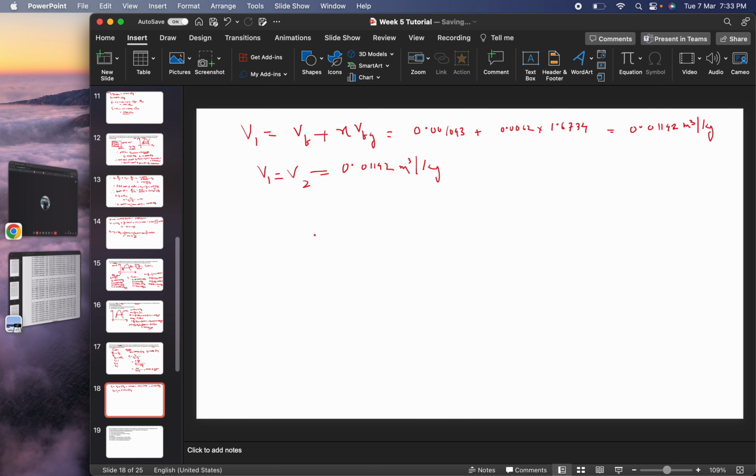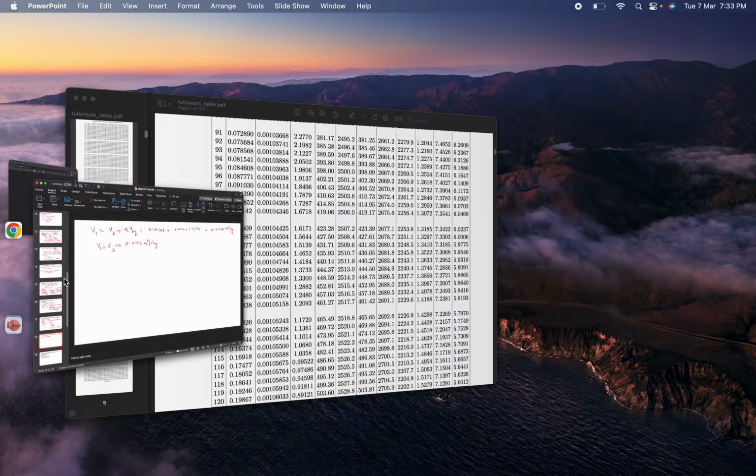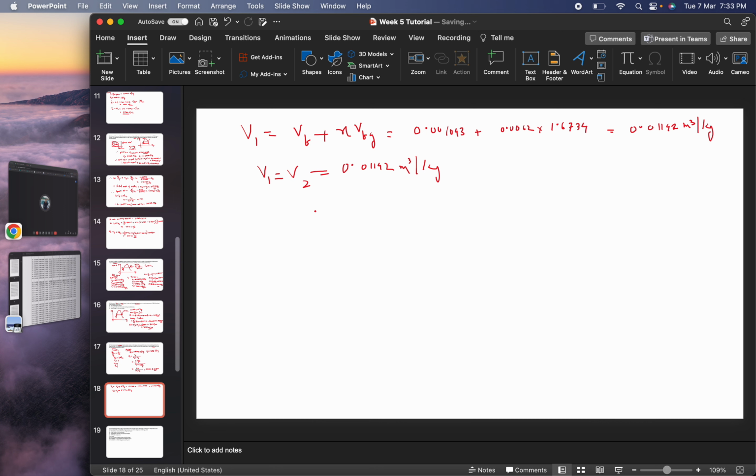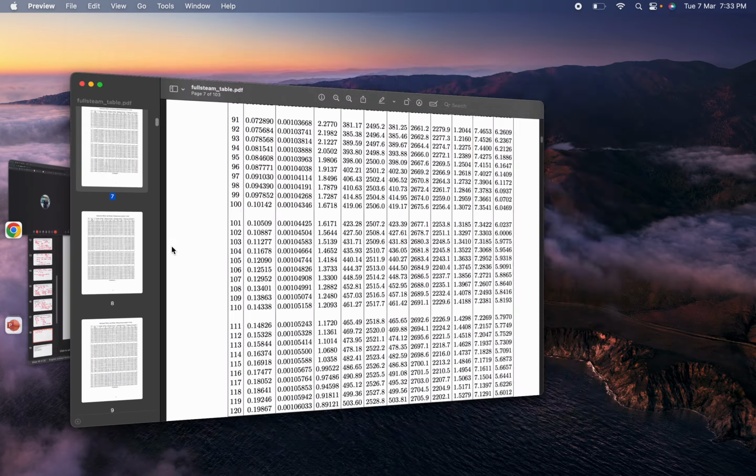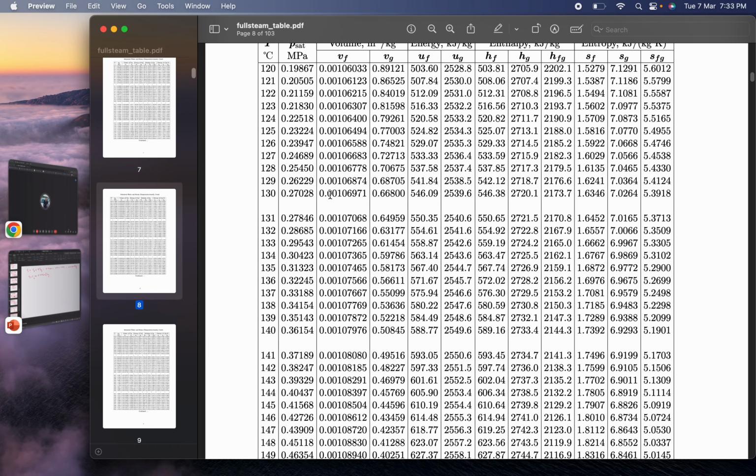Now we will go to 2 megapascal, because the final pressure given to us is 2 megapascal. So at that pressure we will see at which point this volume lies.